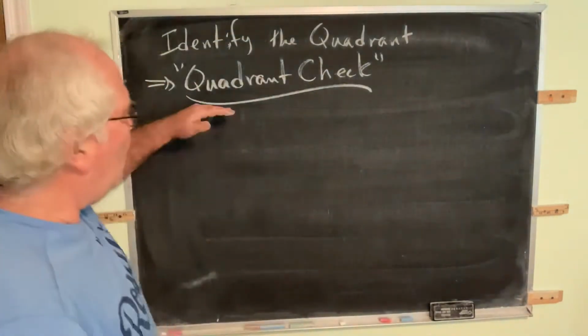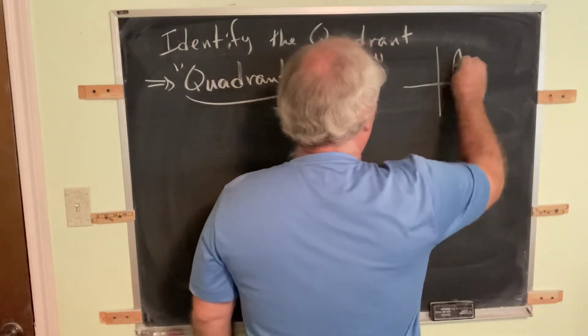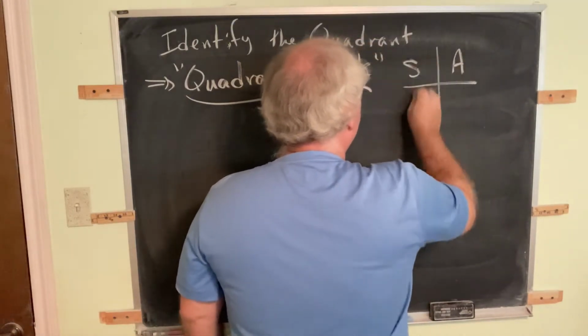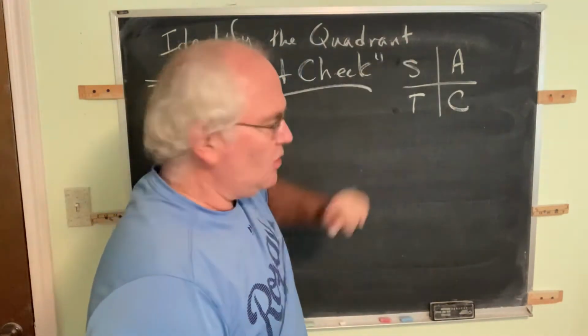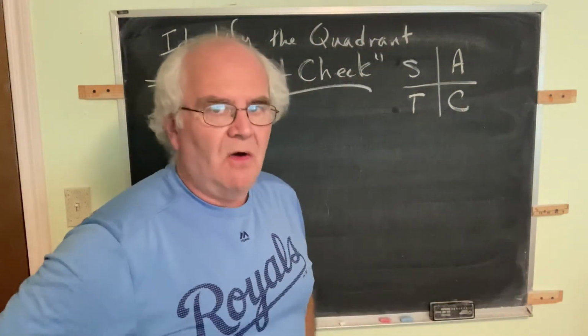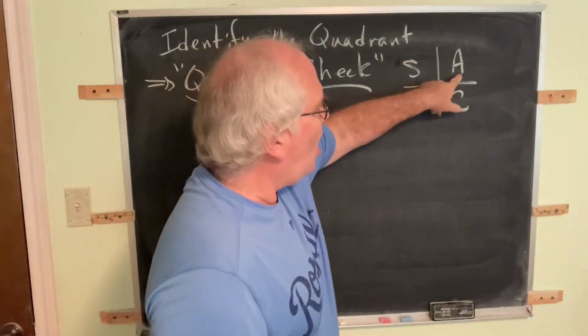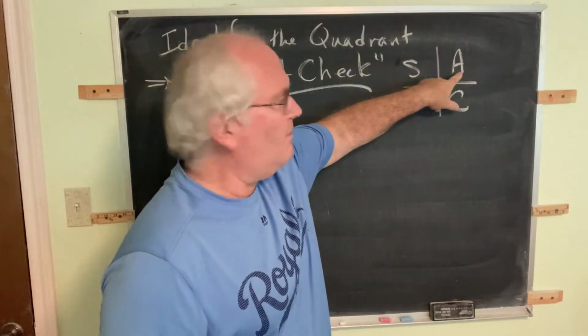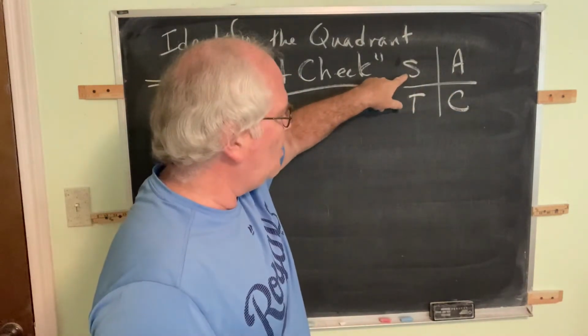So, quadrant check comes from something we've talked about several times. I want to just go over it again. This little memory device gives you all the information you need if you know how to interpret it. This means all the functions are positive in quadrant 1. Sine is positive in quadrant 2.